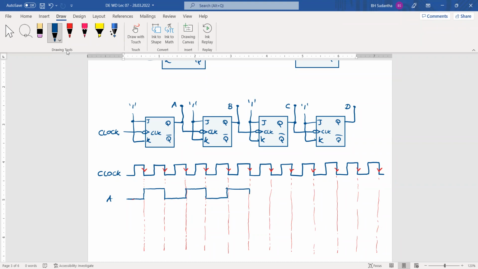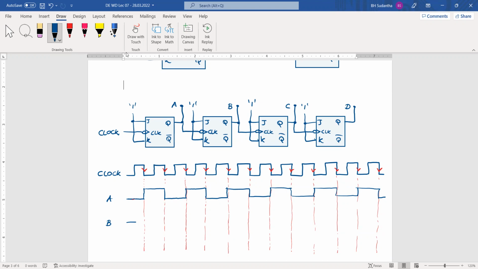Likewise, it goes like this. Okay, now we can draw B by considering A. Why?